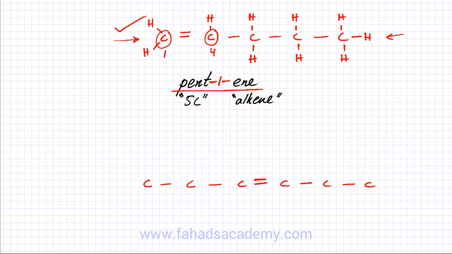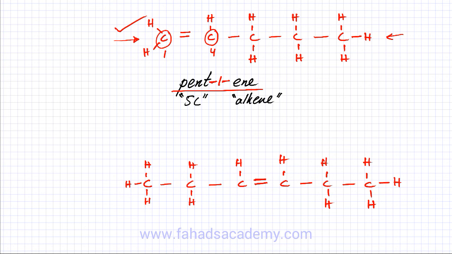And let's draw all the hydrogen atoms. This is going to have 3 hydrogen atoms attached to it. This has 2. This only has 1 hydrogen, whereas this also has 1 hydrogen, and this has 2 hydrogen atoms, and there are a total of 3 hydrogen atoms attached to this.